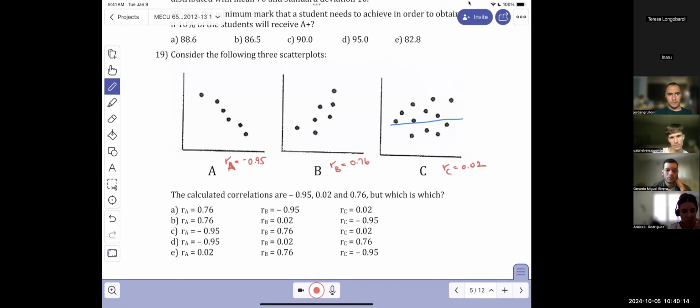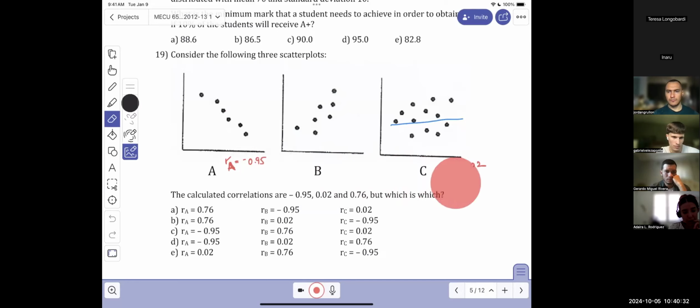Professor, I'm sorry, I don't understand how you got to that. Okay, go back. From here, RA is negative, so we take the negative one, and it's very close to negative 1. And then from these two, I'm looking at the line that fits closest to all the points.